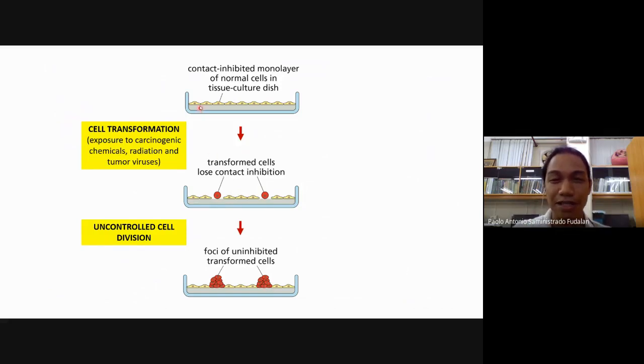So notice normal cells form just one sheet, but cancer cells can grow on top of each other and don't care if your Petri dish is full. They will overflow and continue growing as long as you provide them with food. So that's a characteristic of cancer cells.